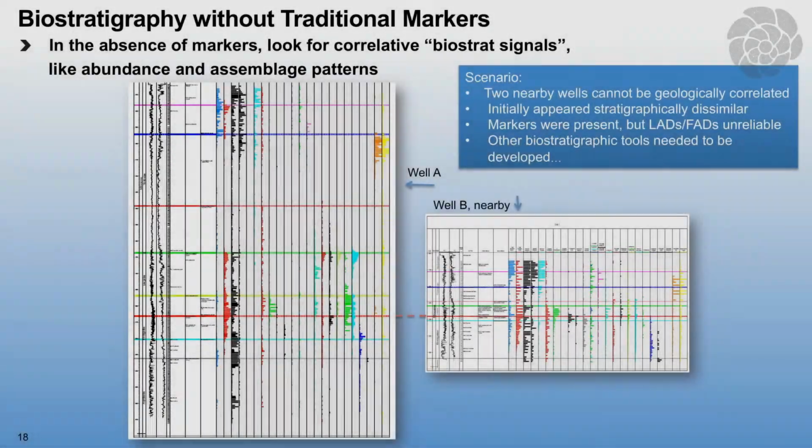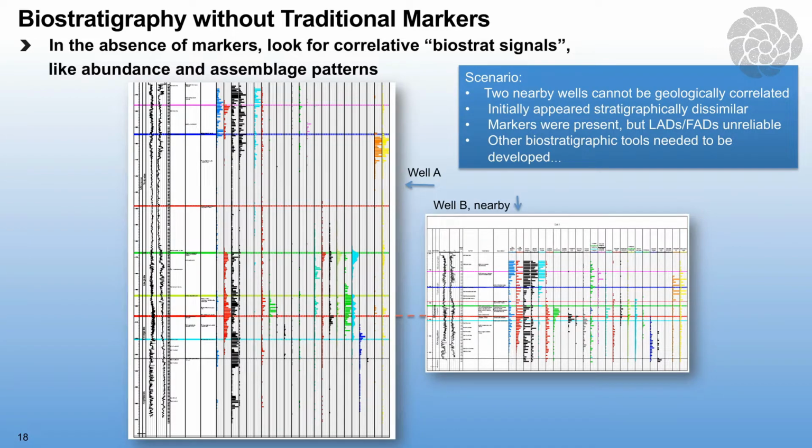The scenario here is two wells that were drilled close to each other and cannot be geologically correlated by any other means. Initially, both of these wells appeared very stratigraphically dissimilar. After they tried everything else, they brought in the biostratigrapher to see what he could do with it.